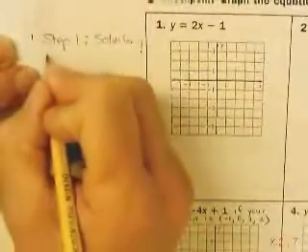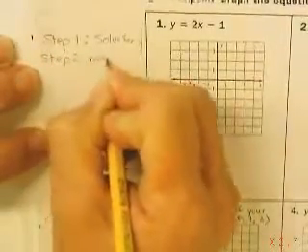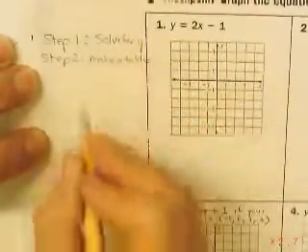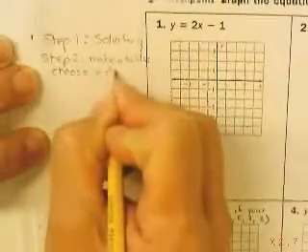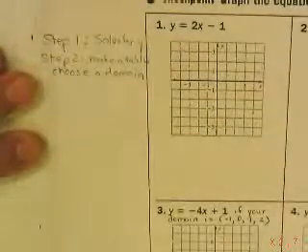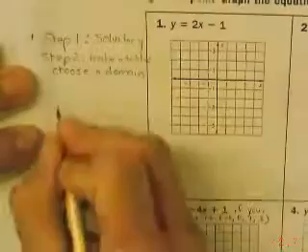Well, it's already solved for y. Step 2, make a table and choose a domain. Everyone should write these notes. First, solve for y. Step 2, make a table and choose a domain.